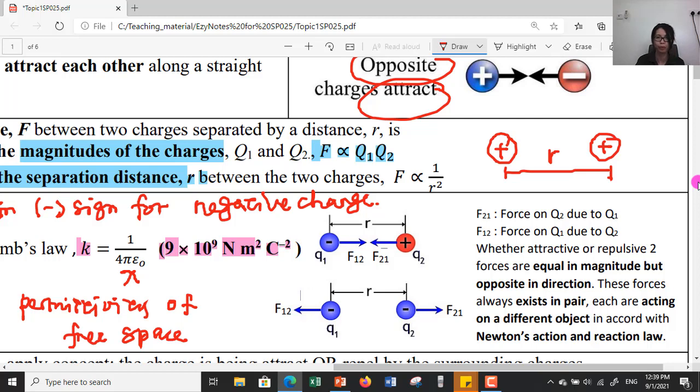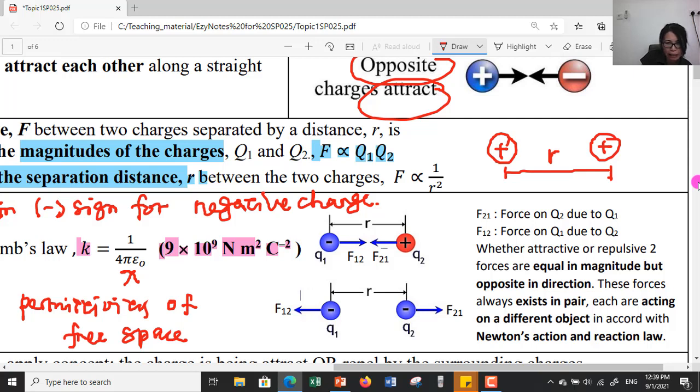Okay, for this one, we have Q1 is negative, Q2 is negative. So Q1 akan rasa daya tolakan, repulsive force from Q2. Q2 akan tolak Q1. So, for Q1, we have F12.